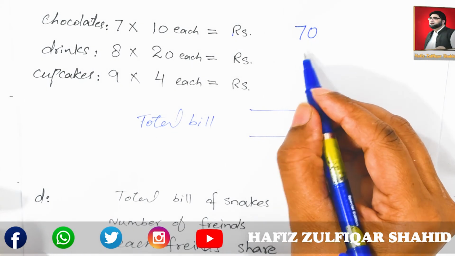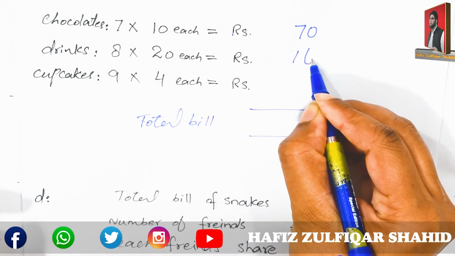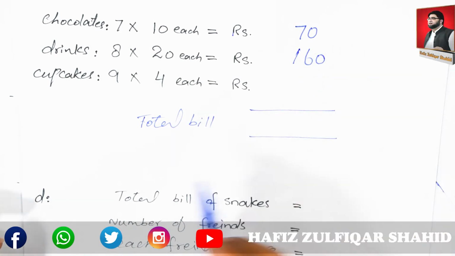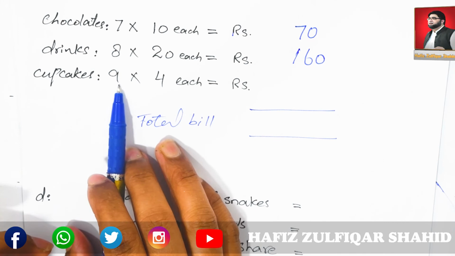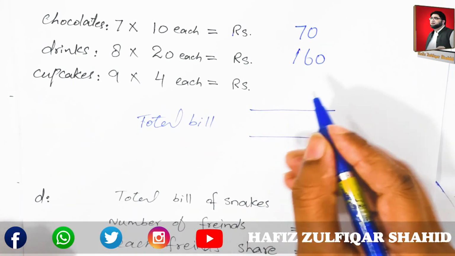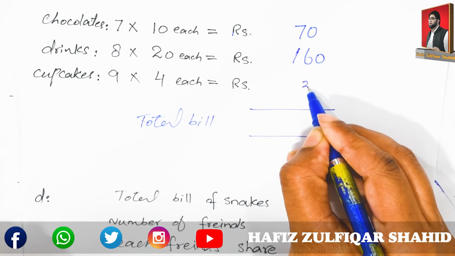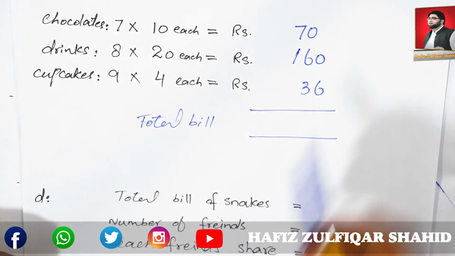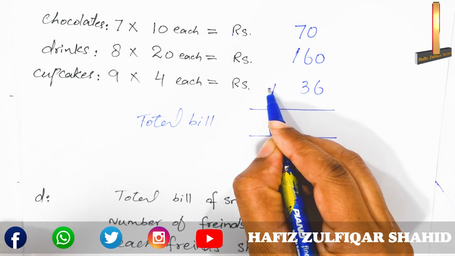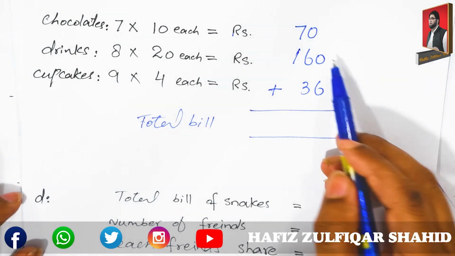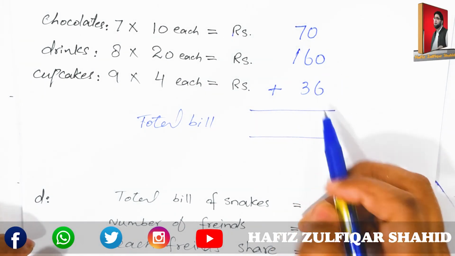It is 160. Next, multiply 9 and 4 for the cupcakes bill. It will be 36. Now add all these rupees to find the total bill.